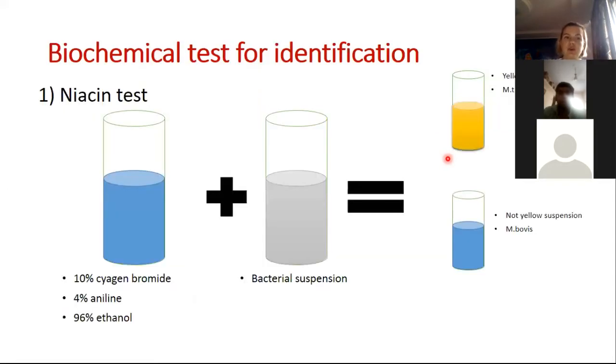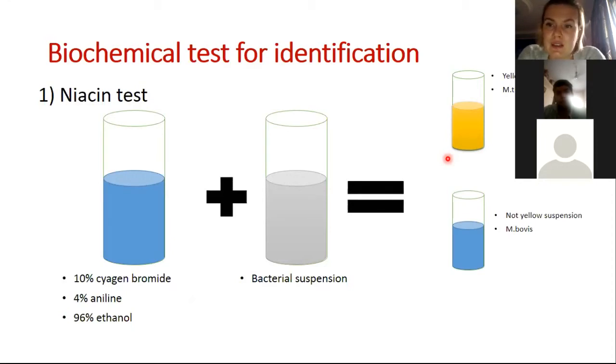Now I want to tell you about biochemical tests for identification. First is the Nitrate test. This test helps us to detect Mycobacterium bovis and Mycobacterium tuberculosis. But this test helps us to detect isoniazid resistance. Isoniazid is an antibiotic used for treatment of tuberculosis. What will you do? You should prepare two tubes.